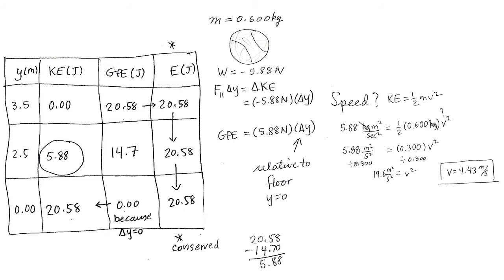The delta KE basically works out to negative 5.88 newtons, that's F parallel, times whatever my delta Y is. So you can always figure out what the change in the kinetic energy is. Now, in this particular problem, I gave you basically 3 altitudes to think about.